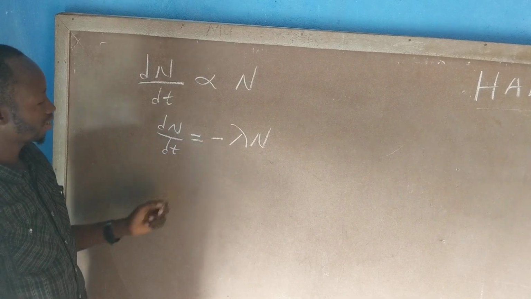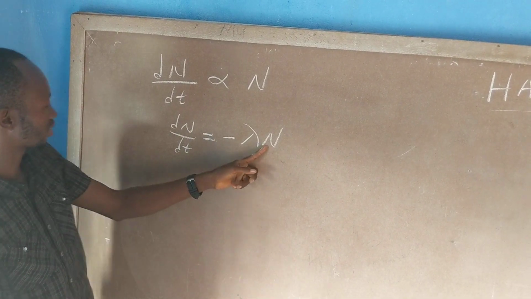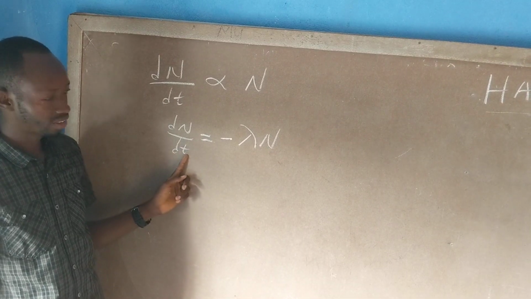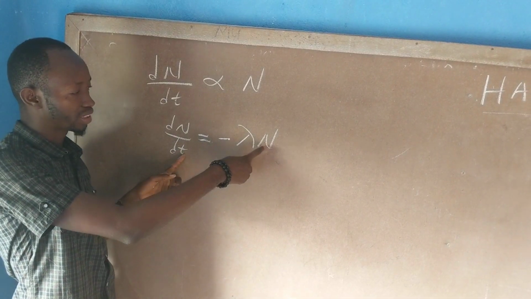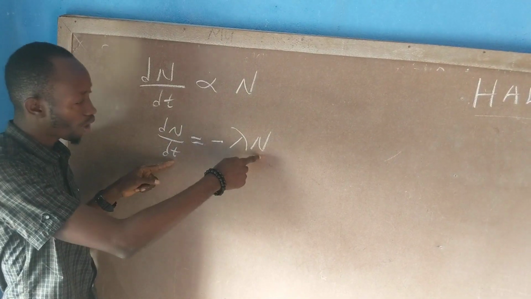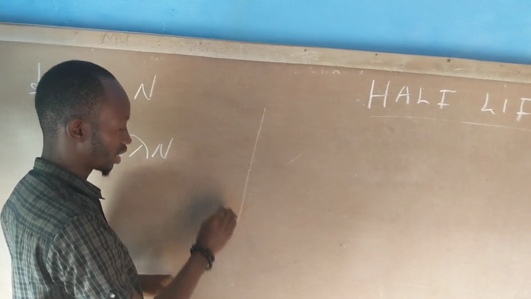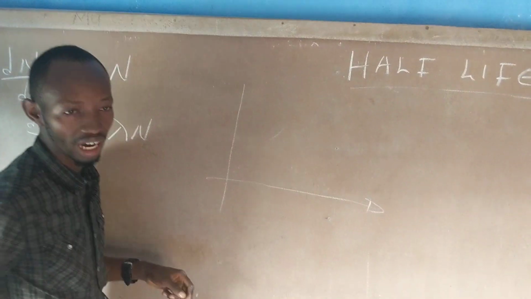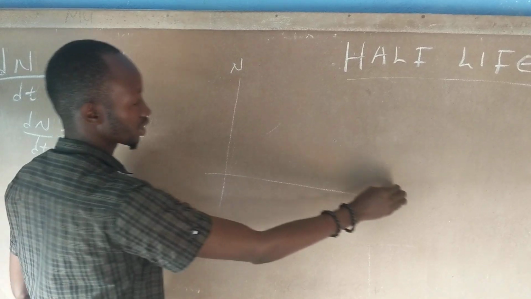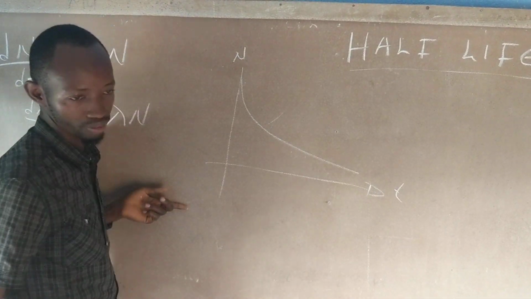The negative sign tells us how the number of nuclei present is related to the time. The higher the number of nuclei present, the lower the time, or the higher the time, the lower the nuclei. At the end of the day, we are going to plot the graph of how the nuclei N is related to the time, and the graph is going to be an exponential graph.